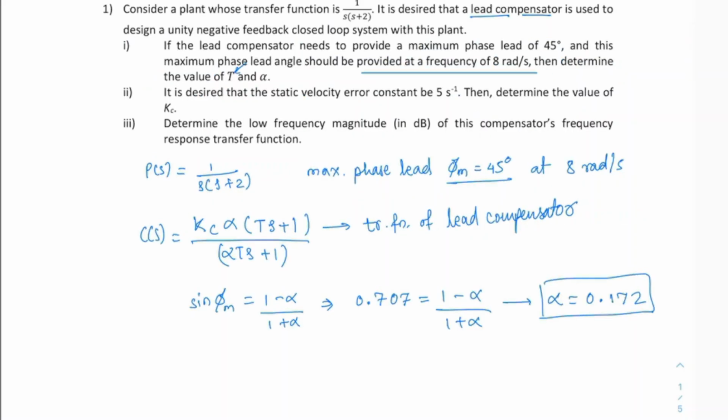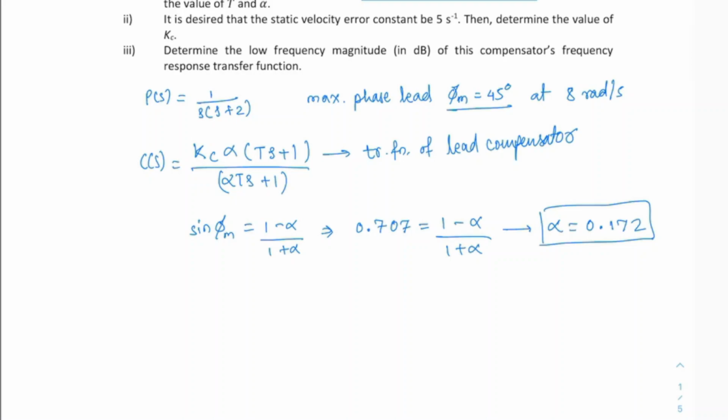We have to find the T. We want this omega m to be 8 radian per second. The relation between omega m, alpha and T is given like this: 1 over under root of alpha into T. Since we have already calculated alpha, we can substitute to obtain T equals 1 over under root alpha into omega m.